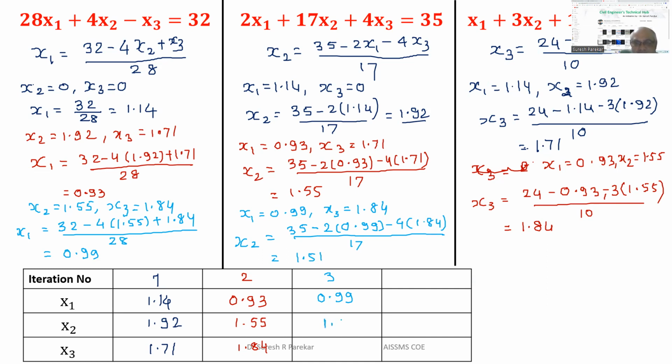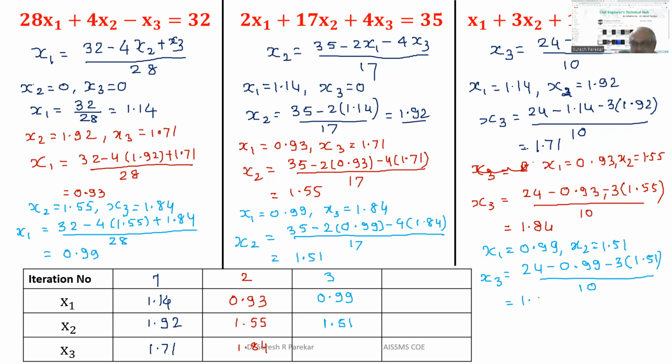Then here x1 we have 0.99 and x2 we have 1.51, and from this we get x3 equal to (24 minus 0.99 minus 3 into 1.51) divided by 10.